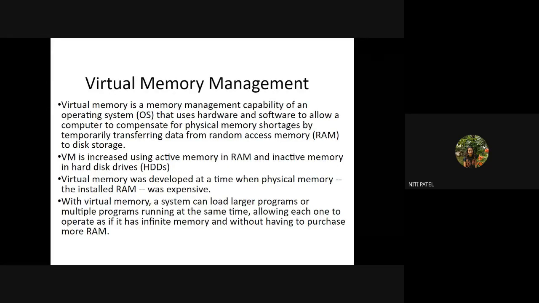But by using these two memories, and by making some movement and changes in them, we can come up with a virtual memory. So virtual memory is a memory management capability of an operating system that uses hardware and software to allow a computer to compensate for physical memory storage by temporarily transferring data from the RAM to the disk storage.